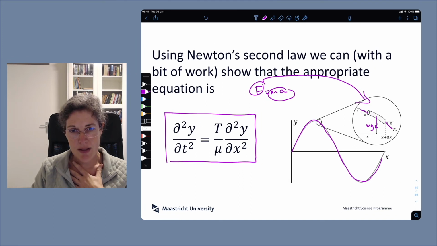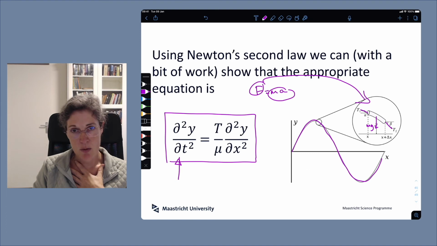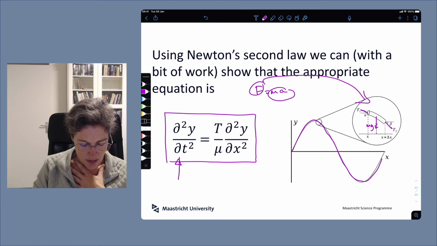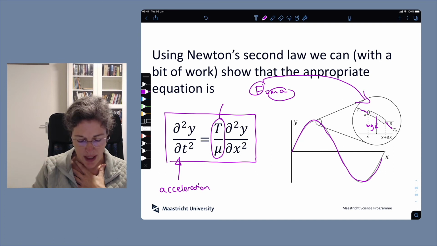So this probably looks quite different from what we saw previously if you look at it closely. So it has a d²y by dt², so that's kind of what we would expect. That's the acceleration part. It's got a term over here which involves the tension, and mu, which is, I think, the mass density.